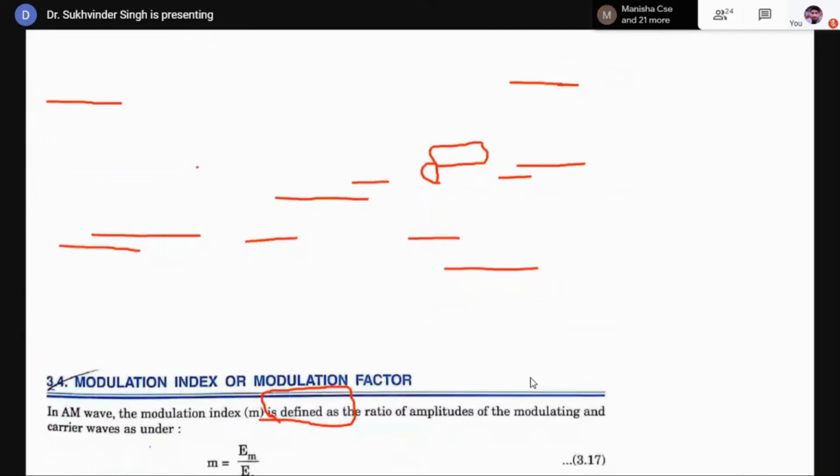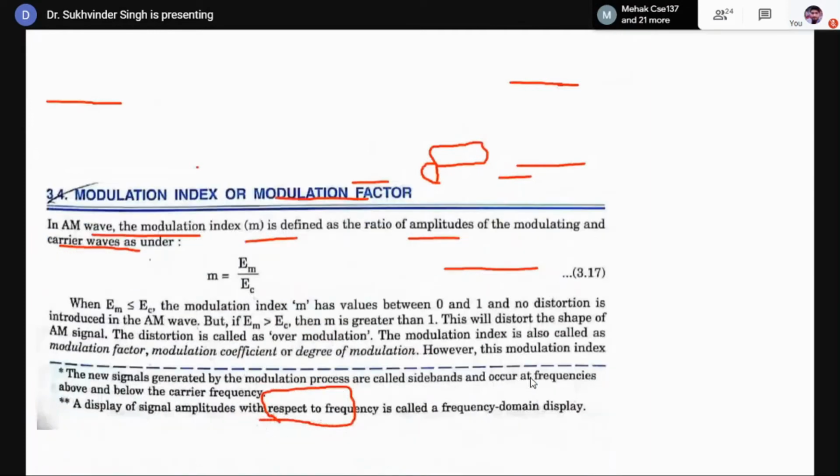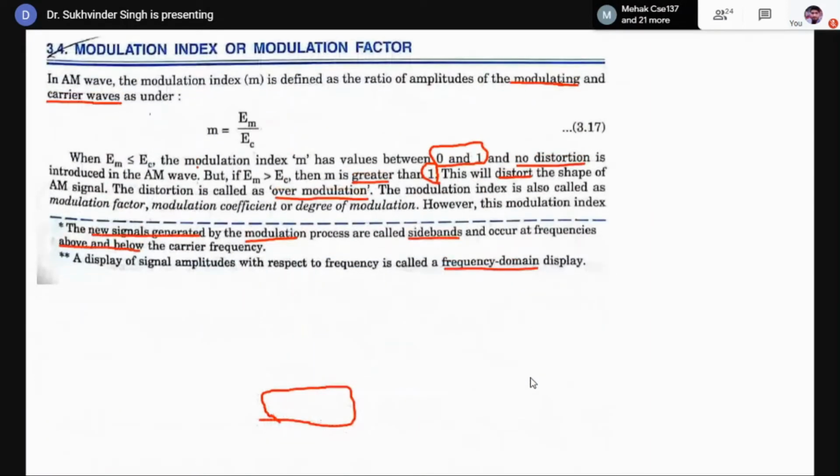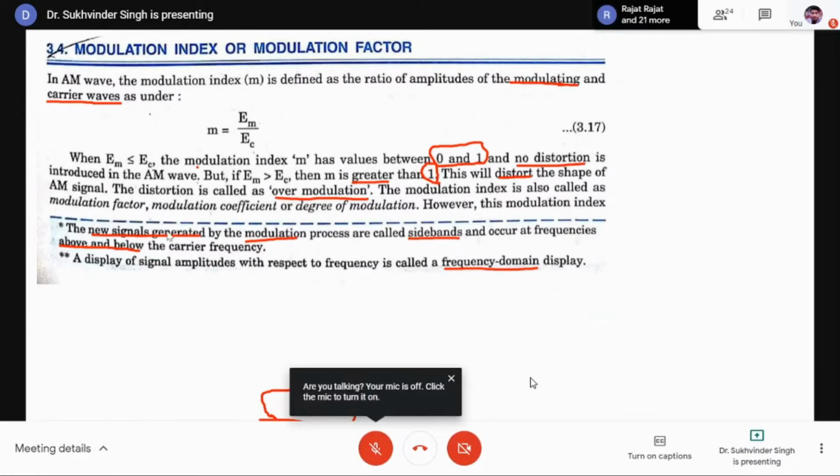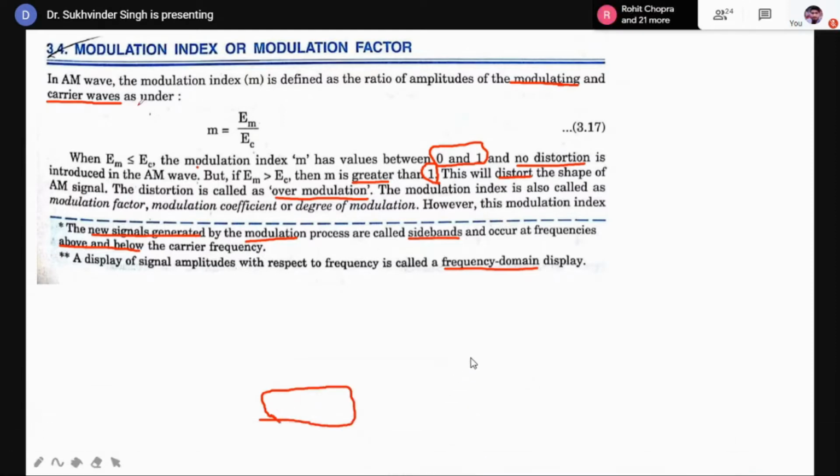Now let us move to the next topic of our syllabus, and that is modulation index, and we will do some numericals based upon the modulation index as well. So let us start modulation index. Modulation index may be defined as the ratio of modulating signal to the carrier signal.